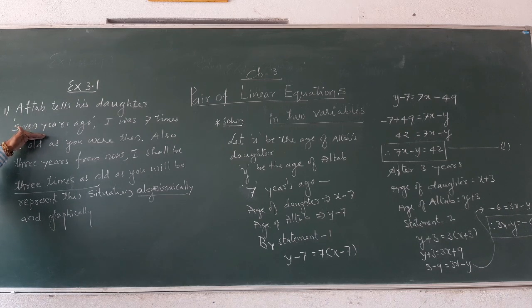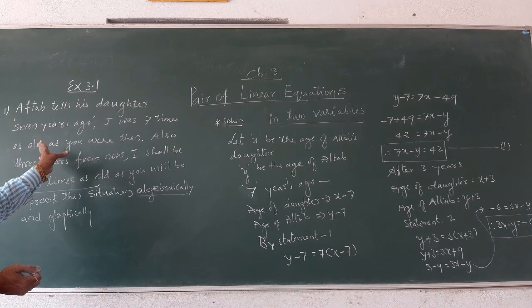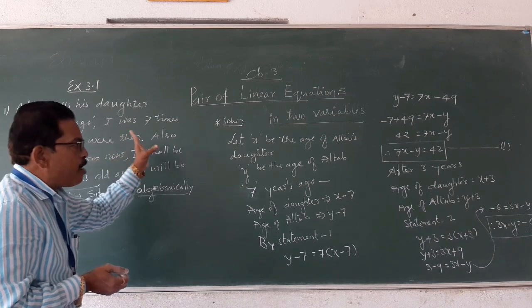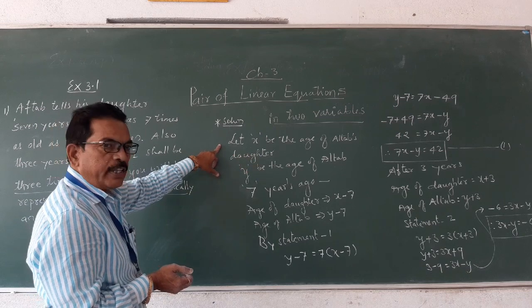One is x and one is y, or you can take a and b also. Let a be the age of Mr. Aftab and b be the age of his daughter, like that. But the only thing you must do is clearly understand the statement of the problem, and what way we have to solve. In this case, the problem is very interesting to read, but to get the mathematical equations is one of the important things.